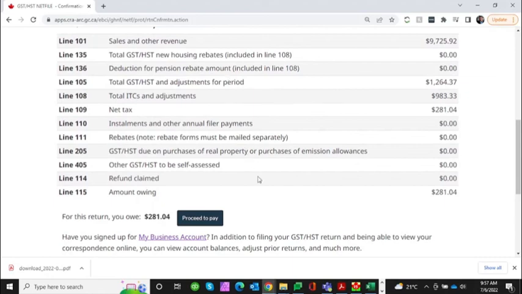If they agree with what you've sent, then they're going to say, okay, this is the number and this is what you need to pay, and then you go through the process of making payment. So this is it, a very simple filing process. Again, the only complicated piece in all this is the numbers, how you created the numbers, and you need to know what numbers you entered into this return.